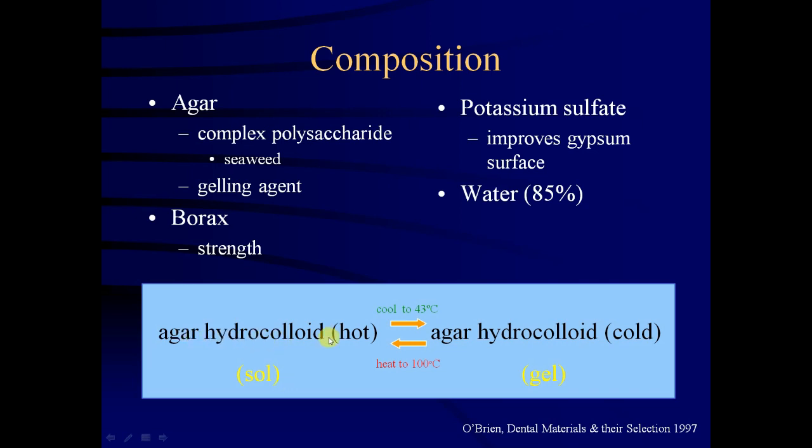So when the agar hydrocolloid is hot, you cool it down to 43 degrees Celsius, it gets converted into gel form. When the gel form is heated to 100 degrees Celsius, it gets converted into solution.